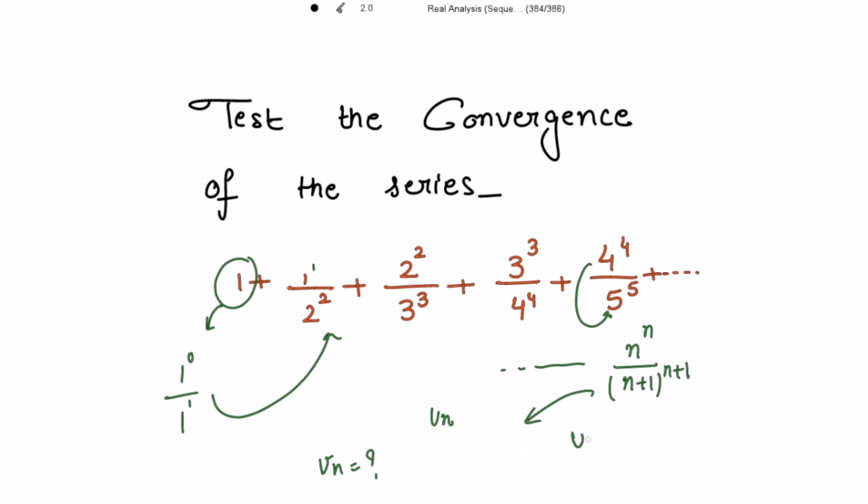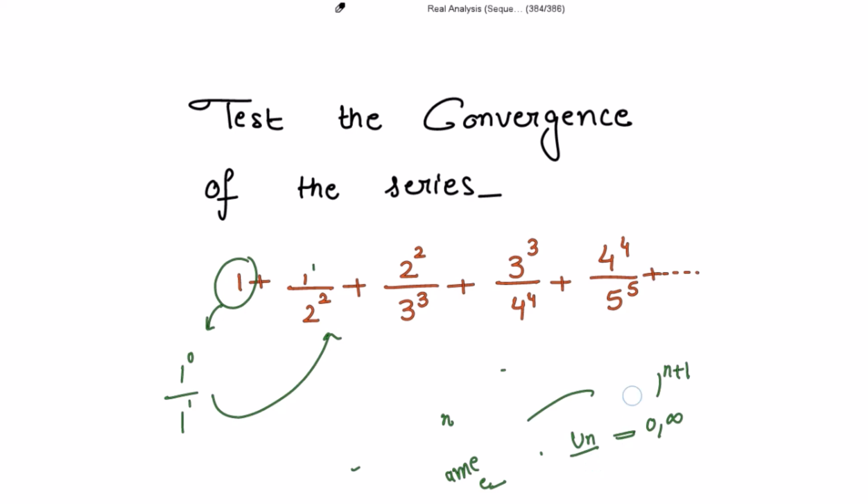In the comparison test, we check the limit of the ratio of these two. If this limit is finite and non-zero, un and vn show the same behavior. So you can check either of these series to test the convergence.